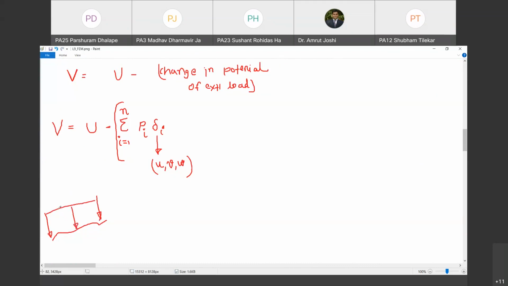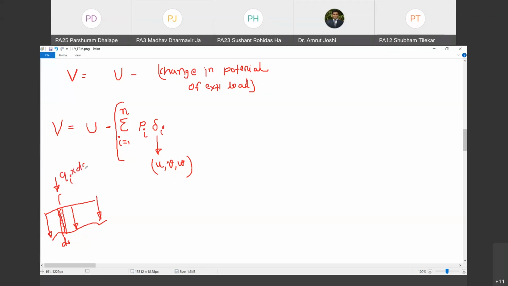What I'm going to do is, if I consider a small strip of width ds, then corresponding to this, what will be the value of point load here? It is going to be the intensity, which is equal to qi multiplied by ds.